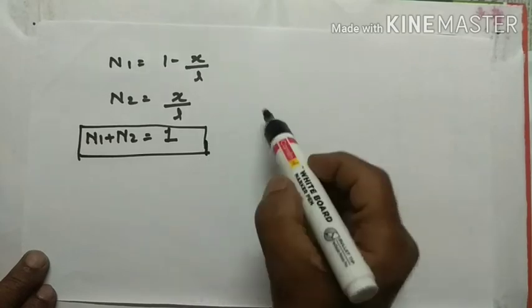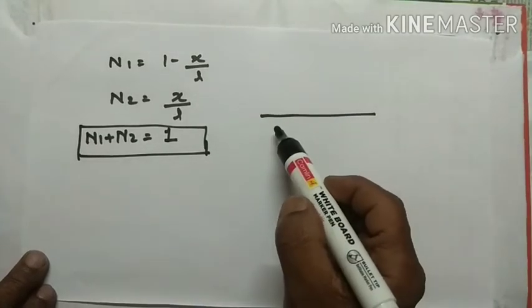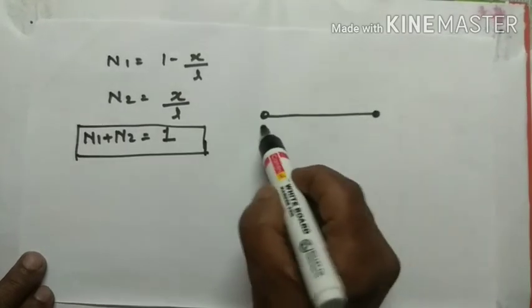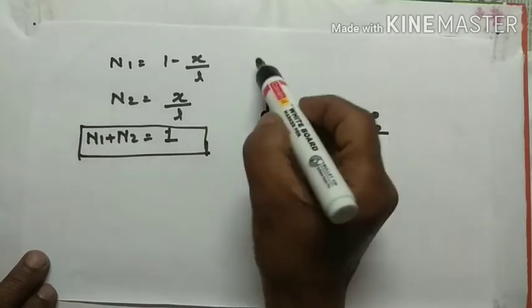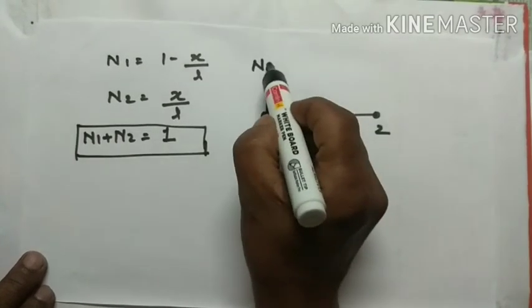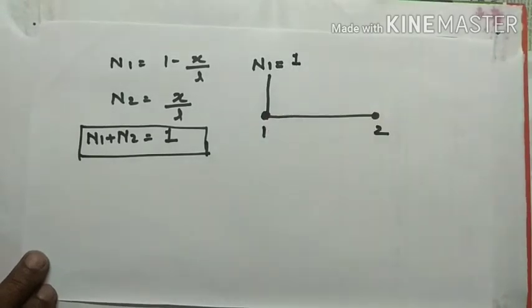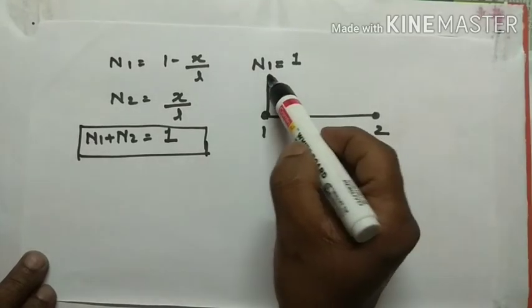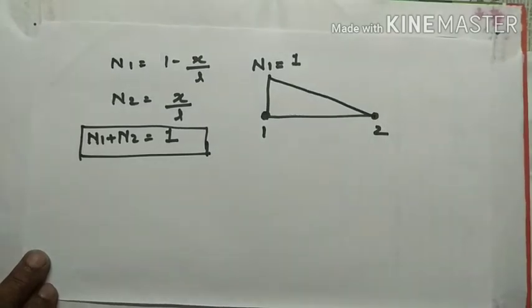Also, if you consider this element, the variation of n1 is that at node 1, n1 is maximum, 1. At node 1, n1 is equal to 1, because when we put x is equal to 0, n1 will be 1 and it will reduce towards node 2.